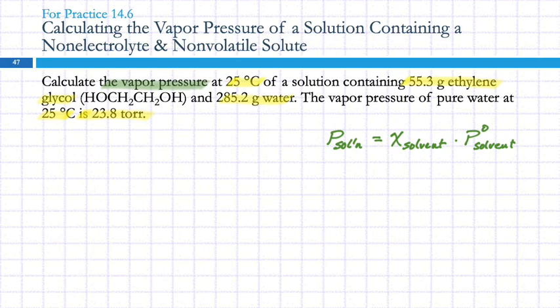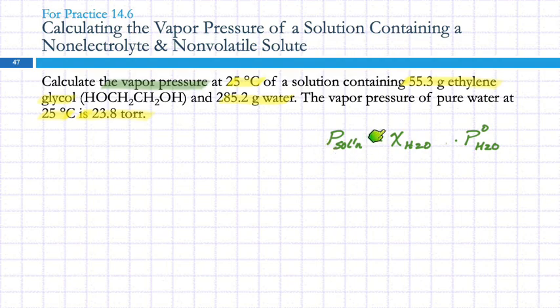We had two things here, ethylene glycol and water. The water. Water's almost always the solvent. So I'm just going to put water in there. That's the solvent. And the vapor pressure of the solution is P solution. That's what I'm trying to find.